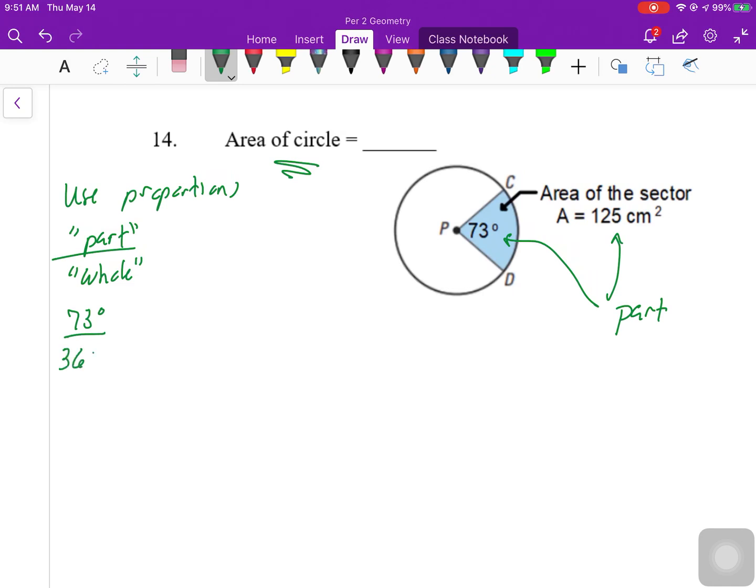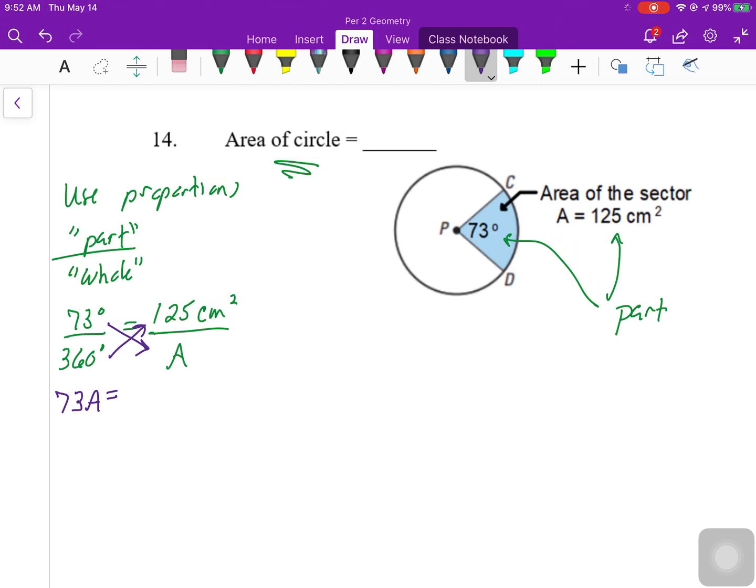I like to do the degrees part first. So if you look at the degrees part, we have 73 degrees in the part. Of course, there's 360 degrees in the whole circle. The area of the part is 125 square centimeters, and we're looking for the area of the whole. Take a look at that proportion and see if it makes sense to you.